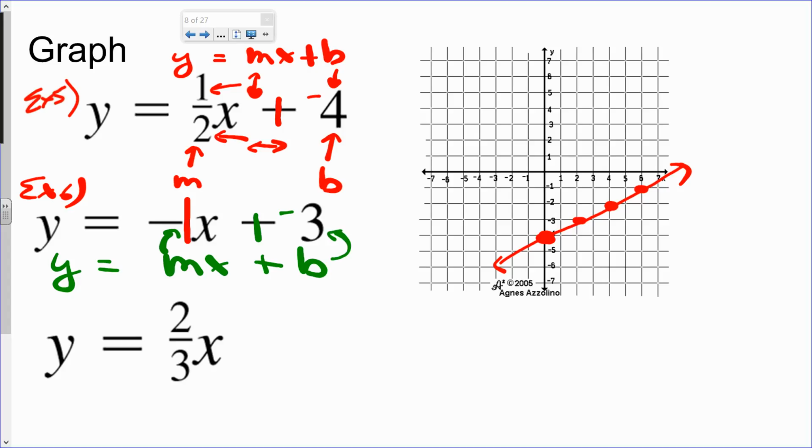Awesome. Let's do example 6 on the same coordinate plane. Y equals negative 1x plus negative 3. You know that? I'm serious. Or I probably did, but I never paid attention.